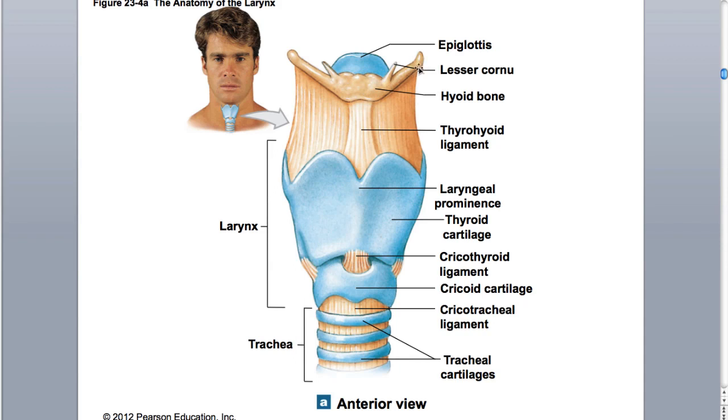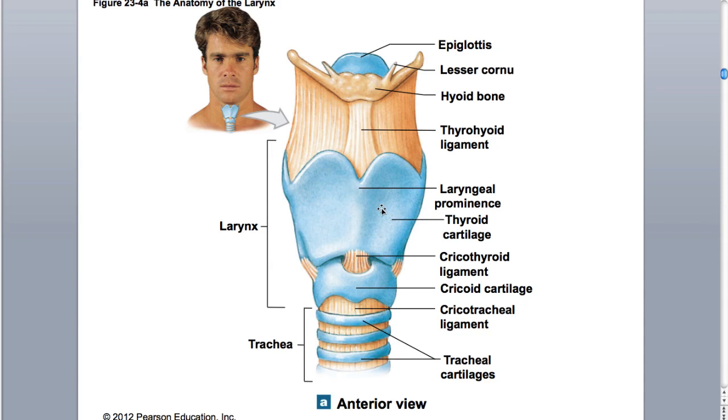We've already talked about the hyoid bone. So this is now a frontal view of the hyoid bone. We now have the epiglottis. Here's the thyrohyoid ligament. And notice it's a ligament. Okay, so the thyrohyoid ligament, again flexible.